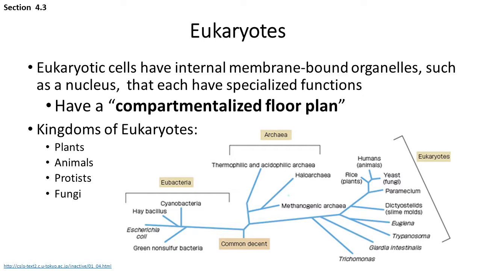Eukaryotic cells, in contrast to prokaryotic cells, have internal membrane-bound organelles, such as a nucleus, where each has specialized functions. Eukaryotes have a compartmentalized floor plan.